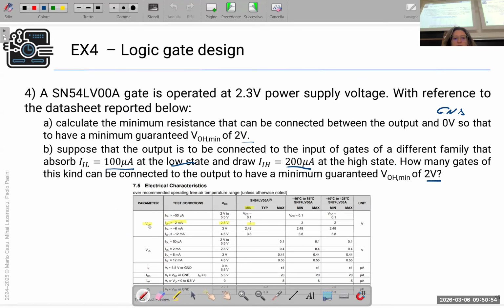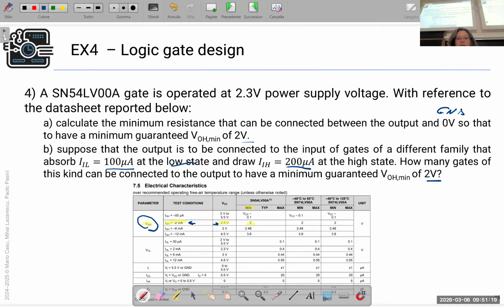So let's look at the data sheet. We have to see here the output high current, and we find here the voltage supply, which is 2.3, and let's see which is the current. The current is minus 2 milliampere.